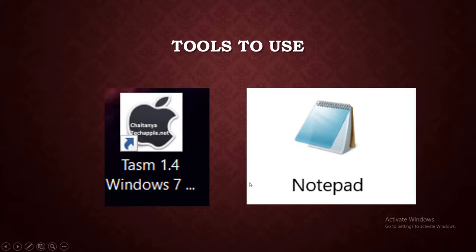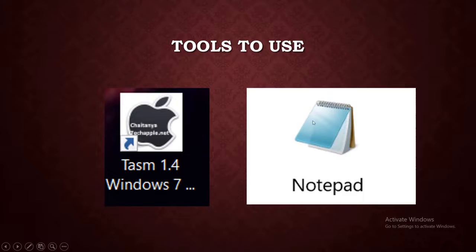So here are the different tools that we need to use. We have the TASM 1.4 in order for our output to be displayed. We need to install this one on our computers. So if you don't have any installer yet, just leave a comment and I will send you a link where you can download this particular installer.